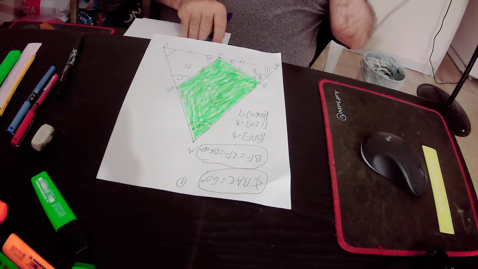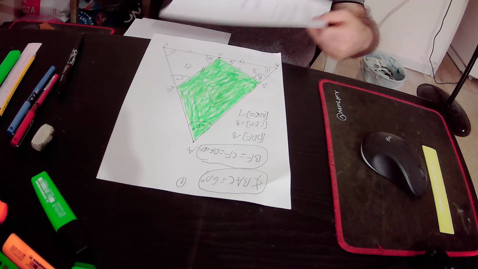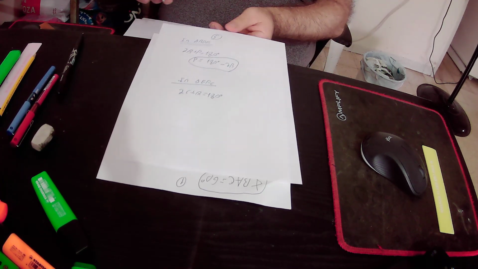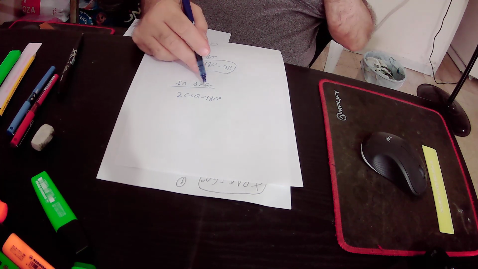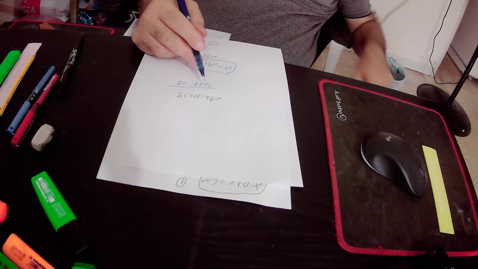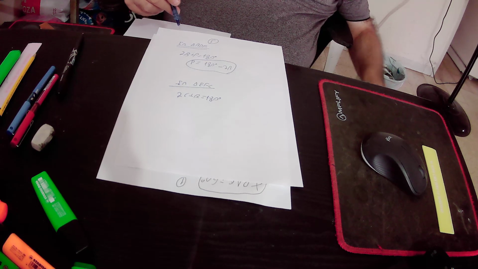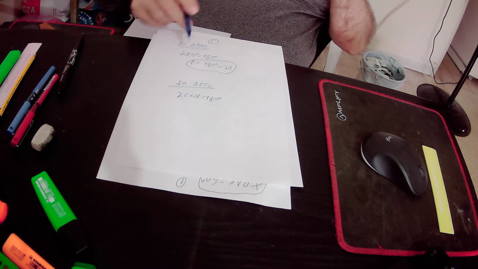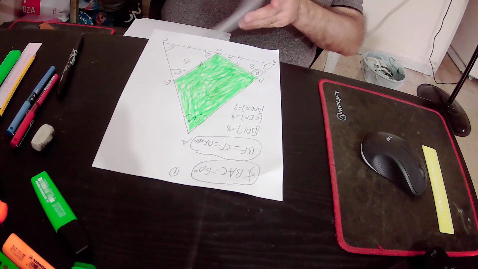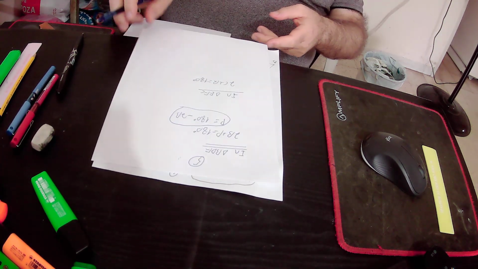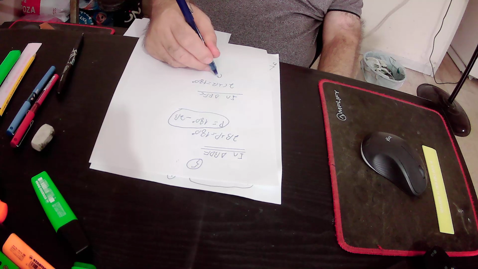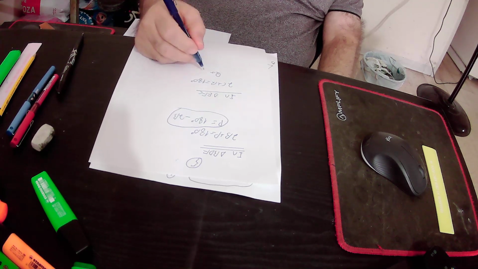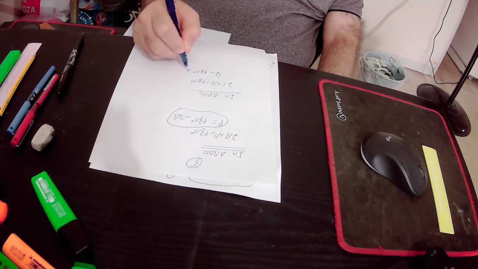Here we will subtract 2C from this equality, and we will get that Q equals 180 degrees minus 2C.